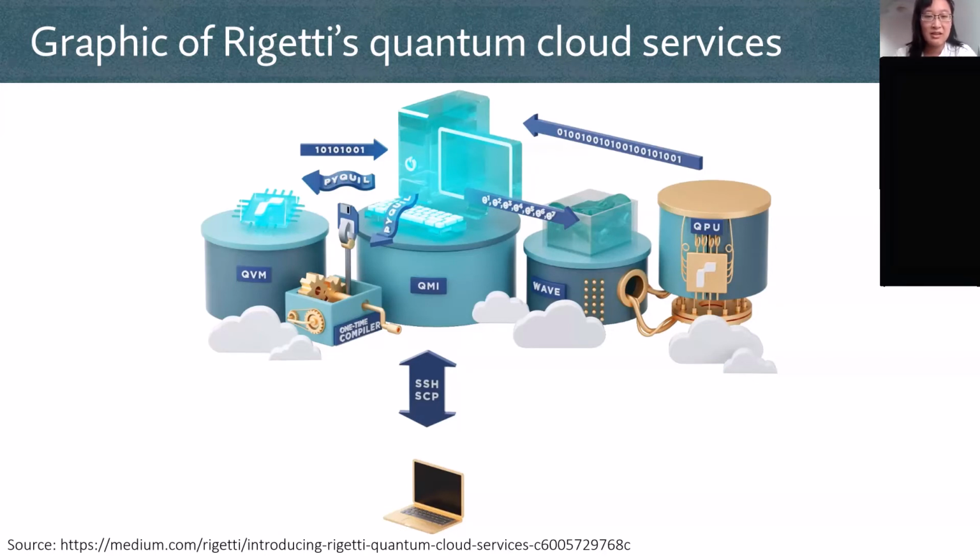If you want to run on quantum hardware, it'll send to these, where it says wave, that just means classical control, which then controls your quantum processing unit, and then that output is fed back into your cloud and then back to the user. On the left end, if you have a simulator, then your quantum code will be compiled and then run on the quantum virtual machine. And then the output will be sent back to the user.